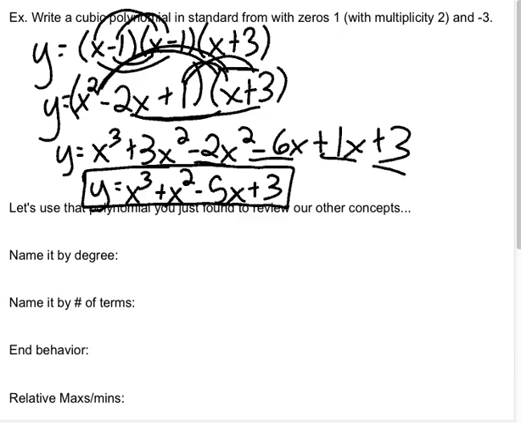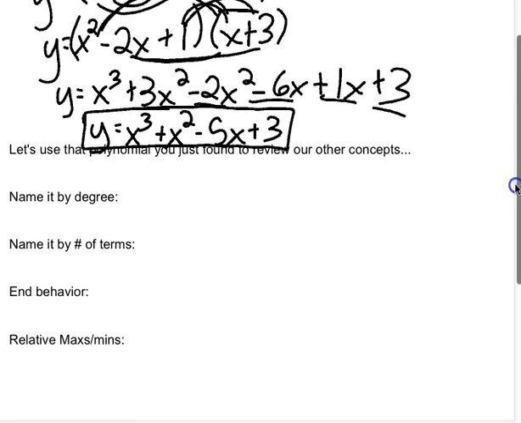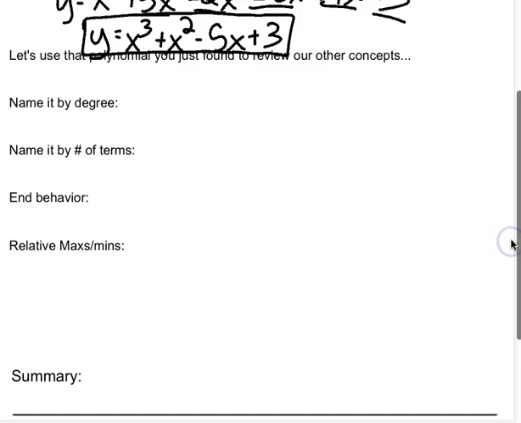Okay, now let's go back and review all of those things that are part of these. All right, so looking at my polynomial here. So name it by degree. Its degree is 3, so that's going to be a cubic.